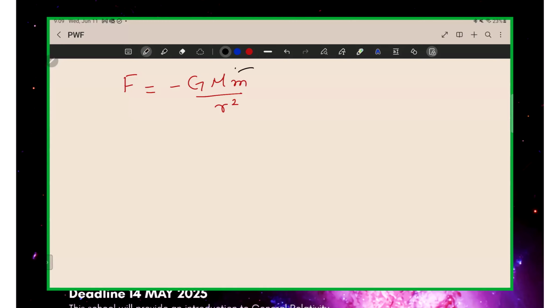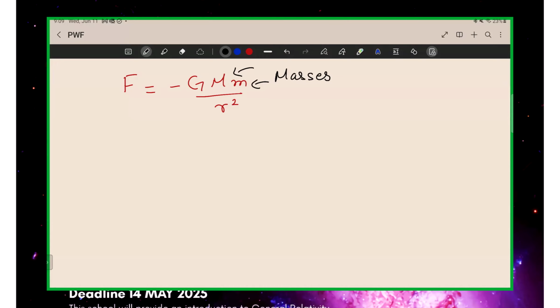These two things are masses. But in general relativity, mass is not the only source of gravity. It's actually much more complicated than that. It will turn out that energy and momentum are also sources of gravity.